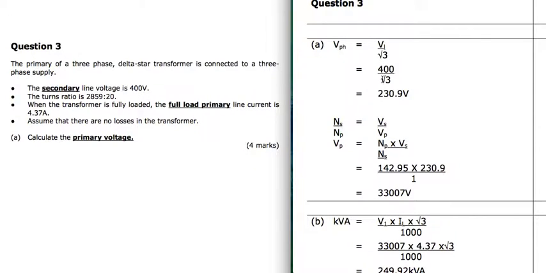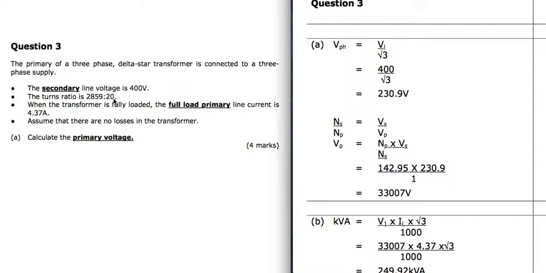We're going to do that by doing 400 divided by root 3, which gives us 230.9, because when we're looking at the turns ratio, we can only work with the phase voltages. So our phase voltage on the secondary is 230.9.